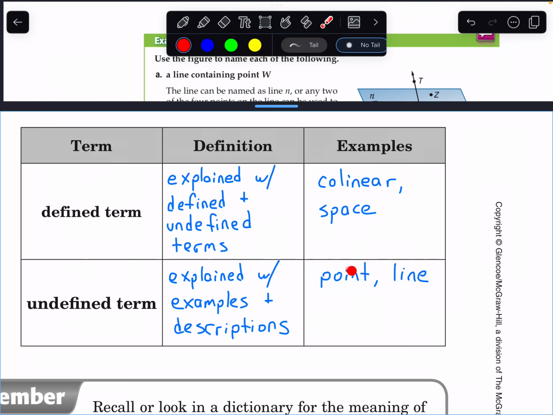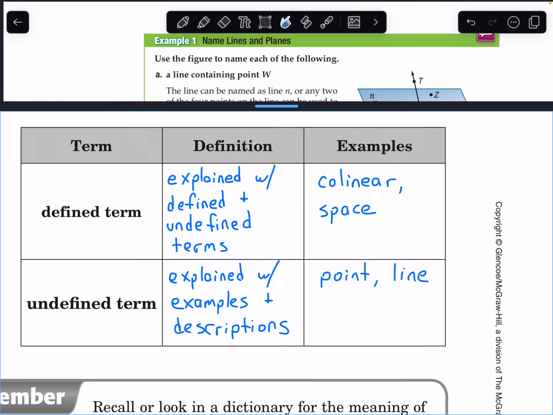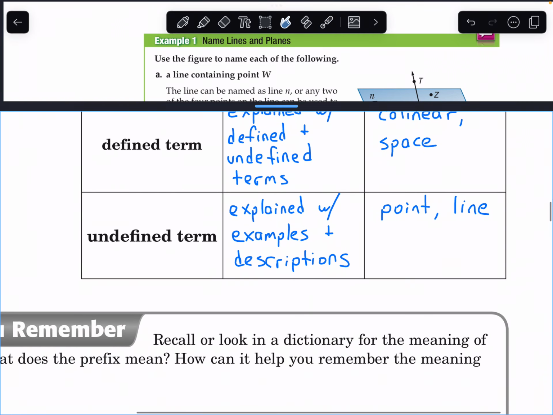If you tried to come up with a definition of point, you would have to use other terms, right? Other words that have some meaning there, and then you'd have to look up those definitions. What if you didn't know what those meant? So at some point, we have to get back to an undefined term as a starting point. So we've chosen for geometry to use point, line, and plane as our undefined term starting point.